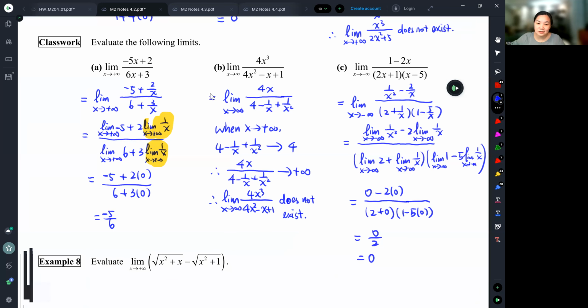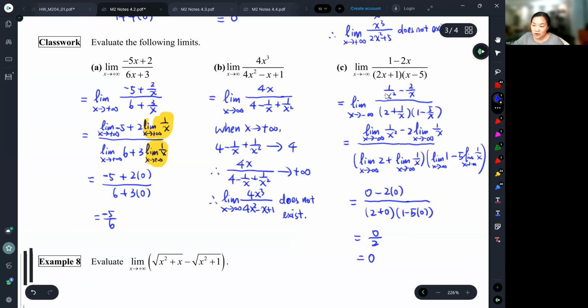The last question, it's given to you factorized. However, you do not have to expand because expanding takes time. For you, maybe it takes seconds, but still. Now, since the highest power in the denominator is 2, I will divide x squared.